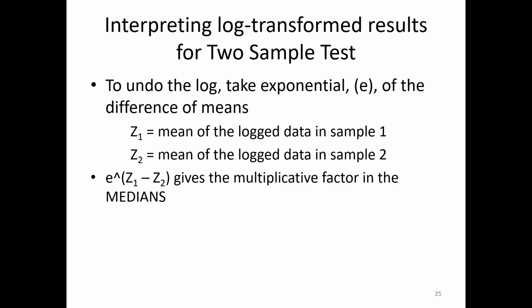And this gives us the multiplicative factor of the medians. And this is because of our log rules. I encourage you to check out the log rule page on the statistics review site if you are uncomfortable with the log rules and why a subtraction gives us kind of a multiplicative factor.